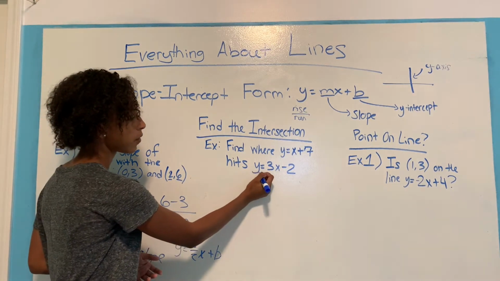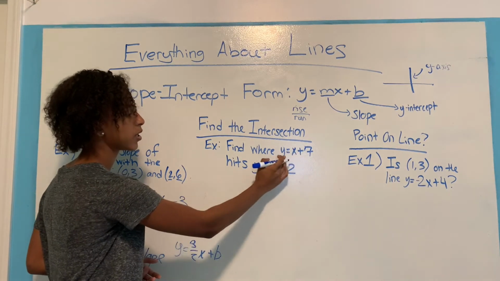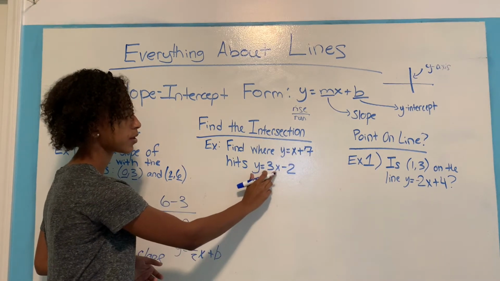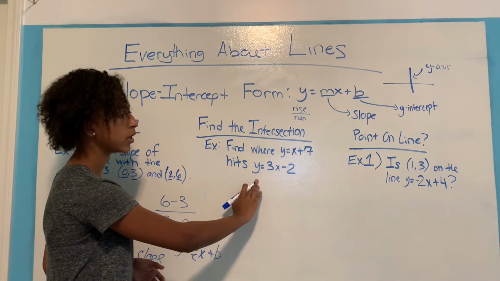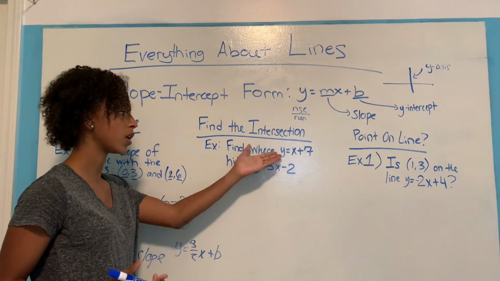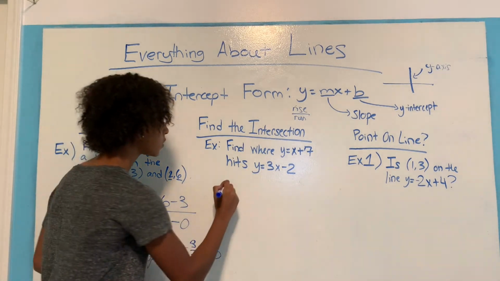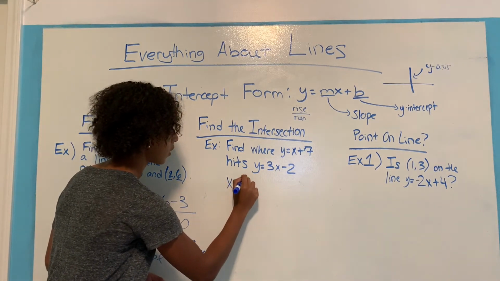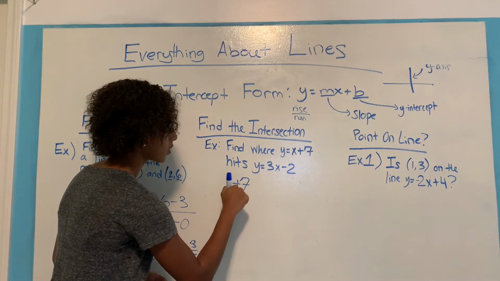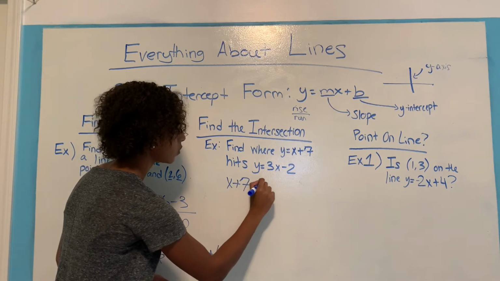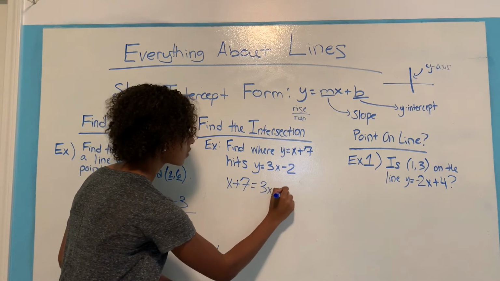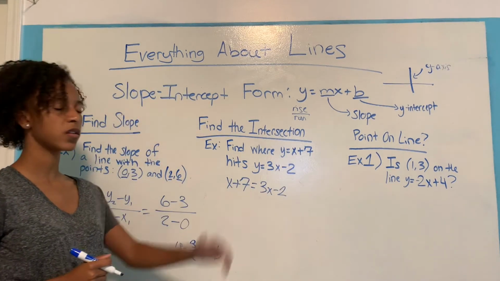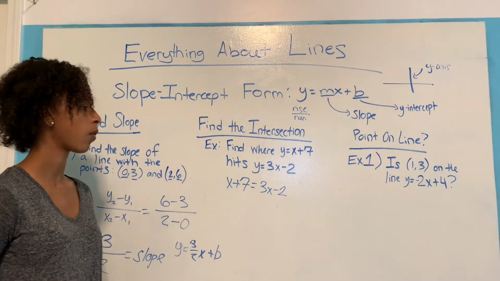Since x plus 7 equals y and 3x minus 2 equals y, you can just set them equal because they're both equal to the same thing. So your first step is to write this out as x plus 7 equals 3x minus 2, and that's your starting point.